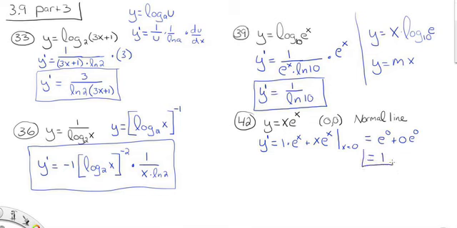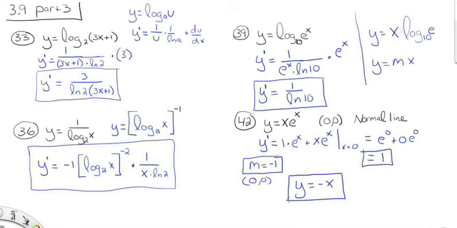So the derivative is 1. That means the slope of the tangent line is 1, but I want the normal line, so the slope I'm interested in is going to be the negative reciprocal, which would simply be negative 1. So I've got a slope of negative 1 and the point 0, 0, which is my y-intercept. So the answer should simply be y equals negative x. And that concludes part 3.